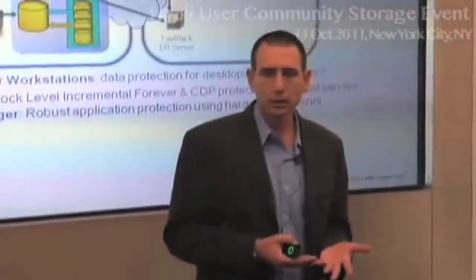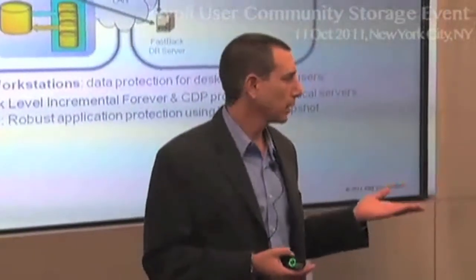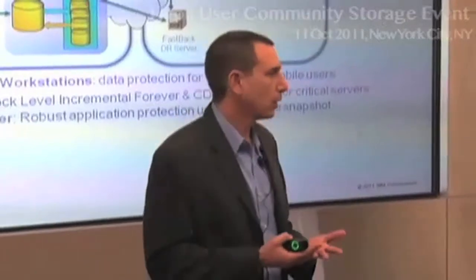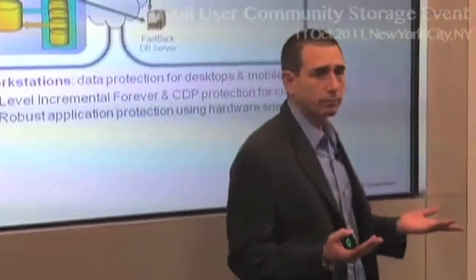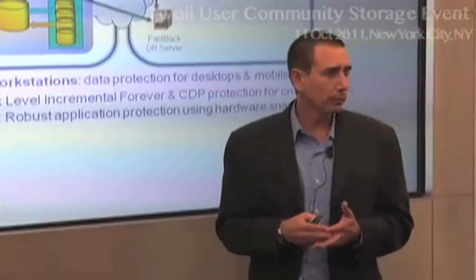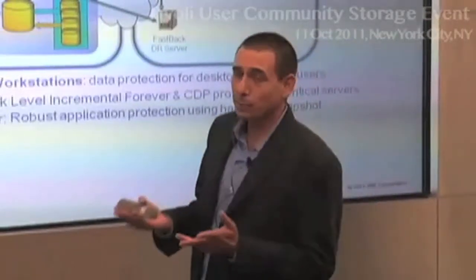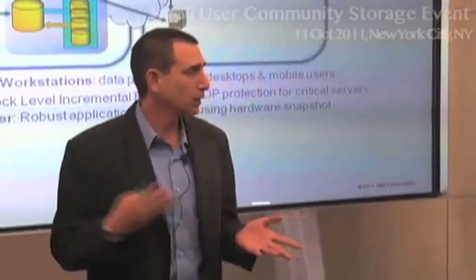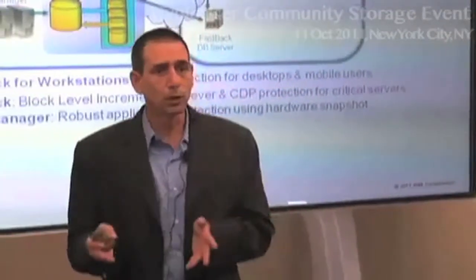But running a hardware snapshot without talking to the application is pretty much useless, or what we in data protection call a crash consistent state, which means that when you go to recover from it, there's an if. Will I be able to recover all of the transactions from the database? Will I be able to roll it forward?